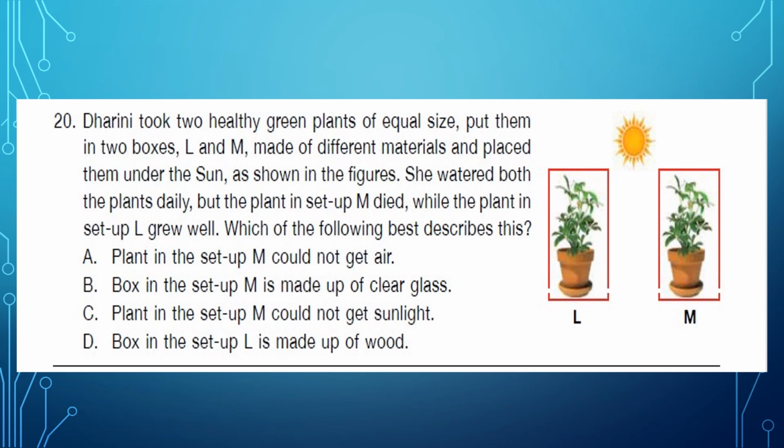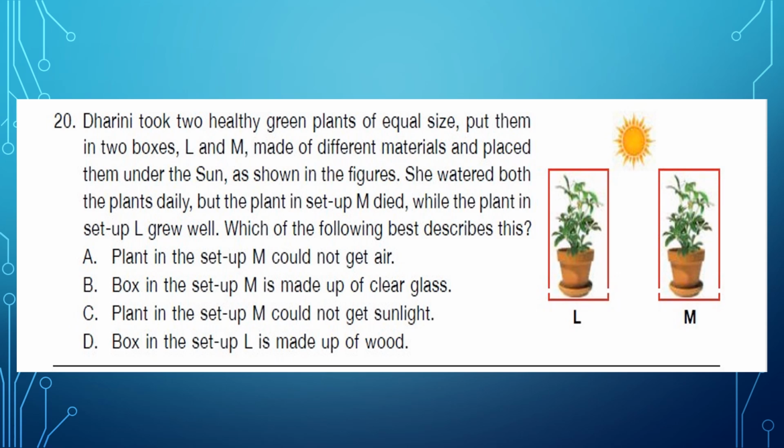Which of the following best describes this? Option A. Plant in the setup M could not get air. Option B. Box in the setup M is made up of clear glass. C. Plant in the setup M could not get sunlight. Option D. Box in the setup L is made up of wood.